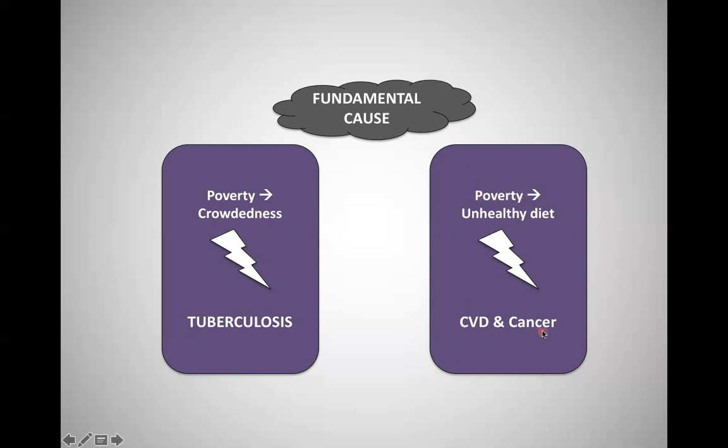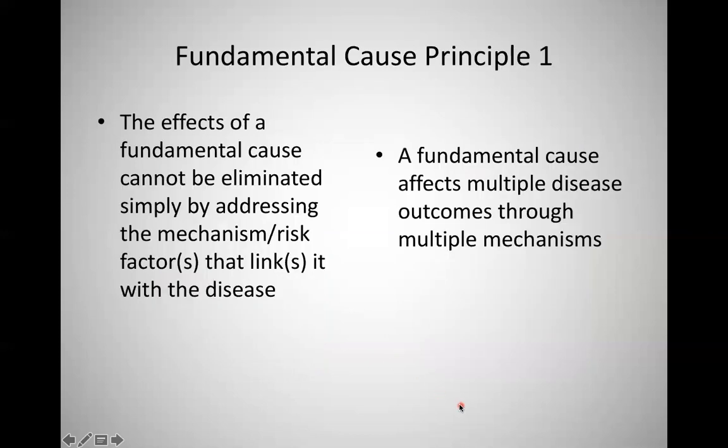Disease outcome number two is cardiovascular disease. Pathway number two is unhealthy diet. So irrespective of what the pathway is or what the disease outcome is, the fundamental social cause continues to operate. Okay, so it can affect multiple disease outcomes through multiple mechanisms.